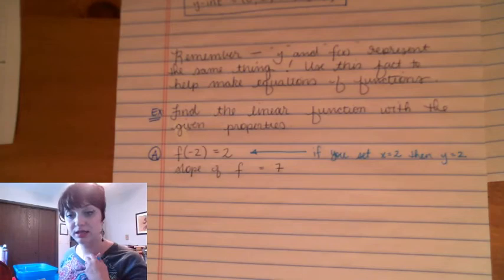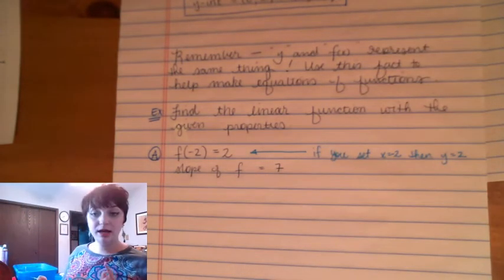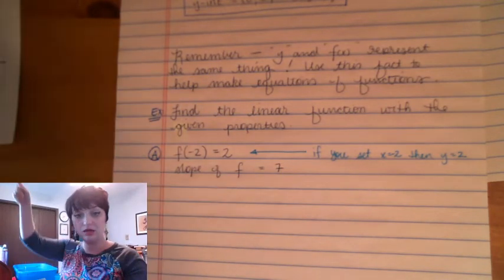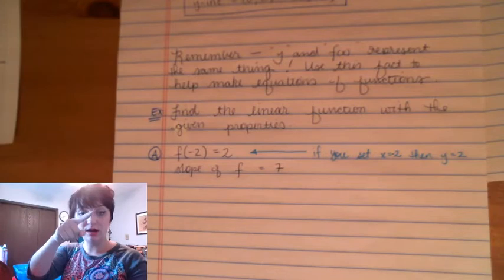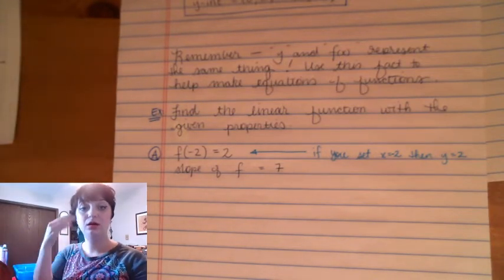if you set x equal to -2, then y equals 2. In goes x, out comes y. So in goes -2, out comes +2.